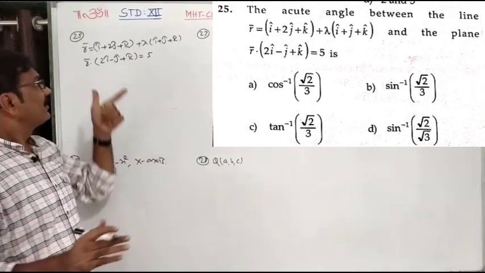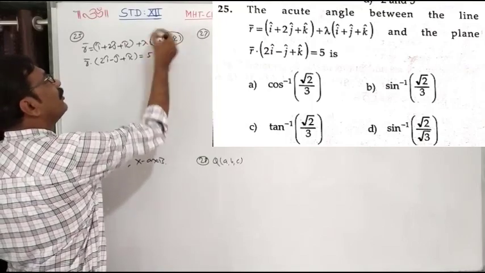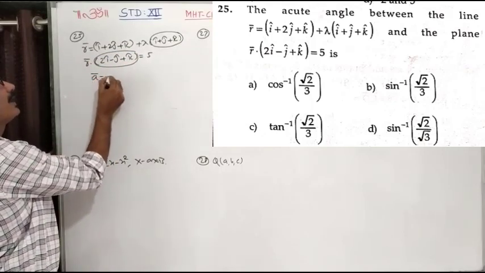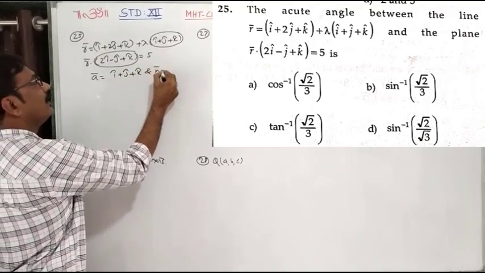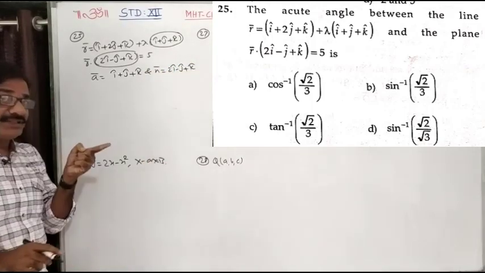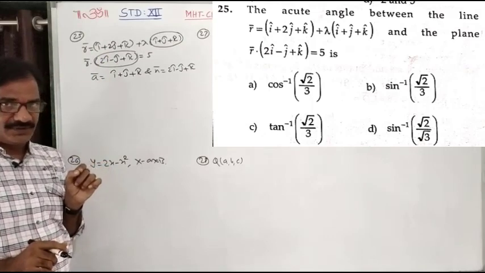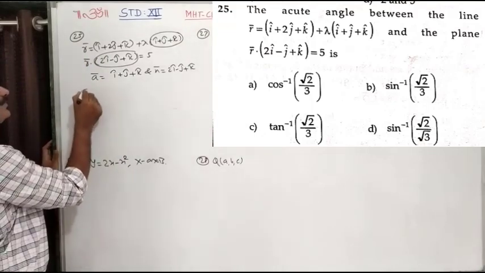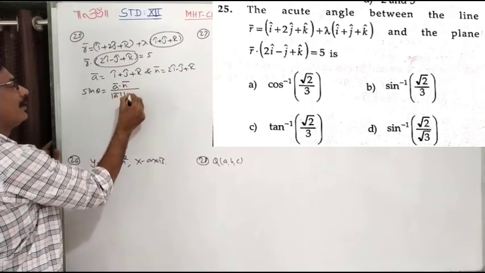This one is the equation of line. Okay. So from that, we take this from the equation of plane, this one. So this is your a bar, like this, and this is n bar. Okay. If it is the angle between lines, meaning both equations are of lines, then we find cos theta. And if it is the angle between line and plane, sin theta is found. So sin theta is a bar dot n bar upon magnitude of that.